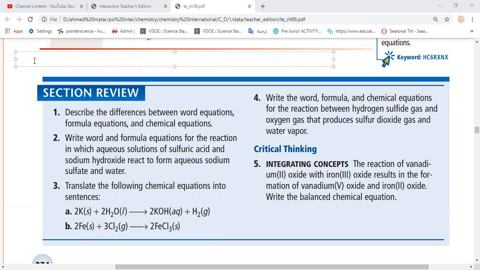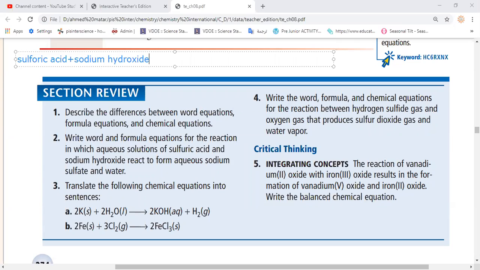Word equation will be sulfuric acid plus sodium hydroxide. That's good. Okay.